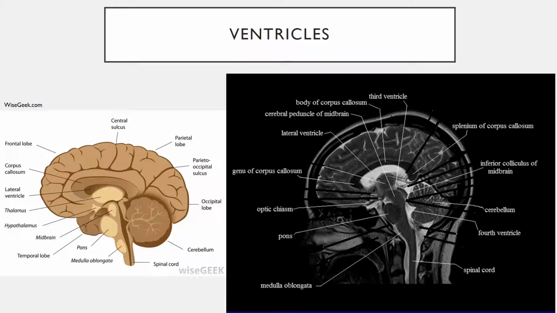Our choroid plexus helps make our cerebral spinal fluid, and it helps to form the BBB, the blood-brain barrier. The BBB protects the brain from substances that should not interact with the brain. The lateral ventricles are the largest ventricles.